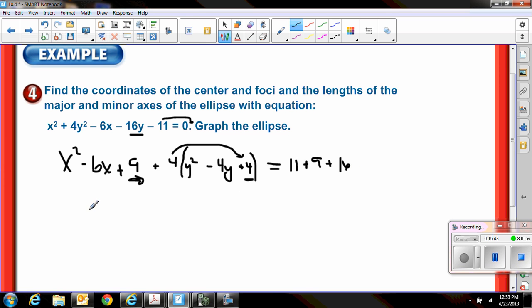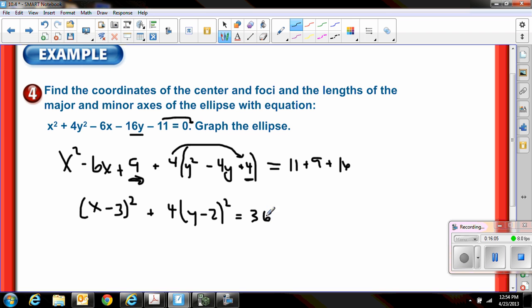Now the whole reason for completing the square, this will now factor into x minus 3 squared, this one 4 and y minus 2 squared. 11 plus 9 is 20, plus 16 gives me an answer of 36.